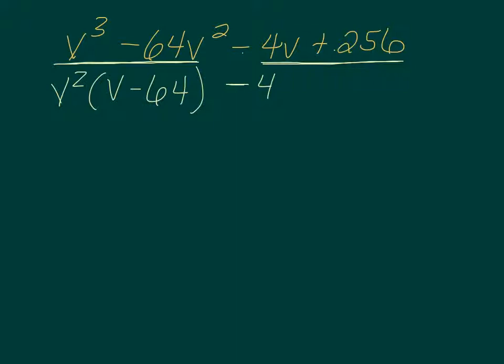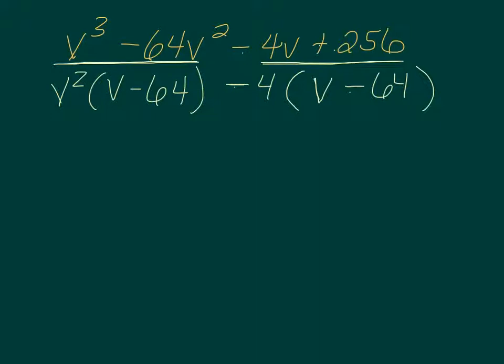So when I take out a negative 4, I'm going to be left with a positive v, because negative 4 divided by negative 4 is 1, and a minus 64, because 256 divided by negative 4 is negative 64.